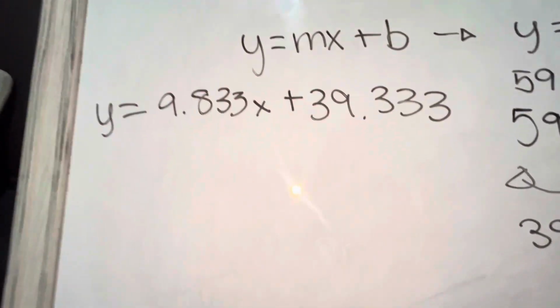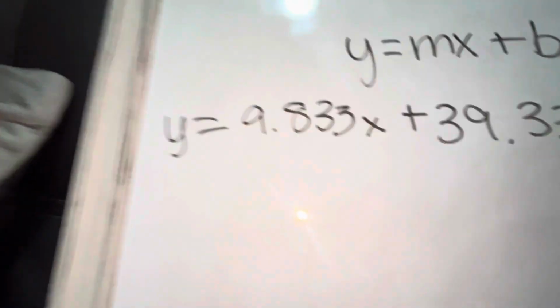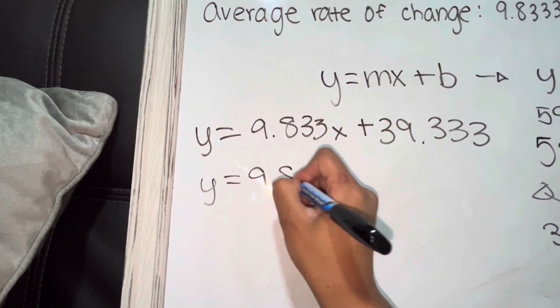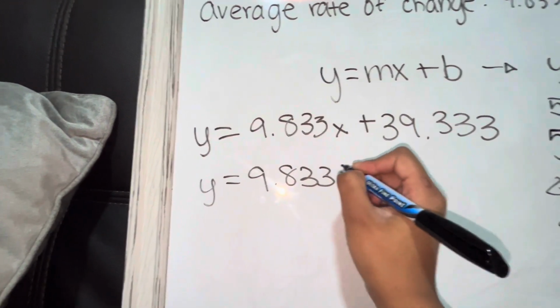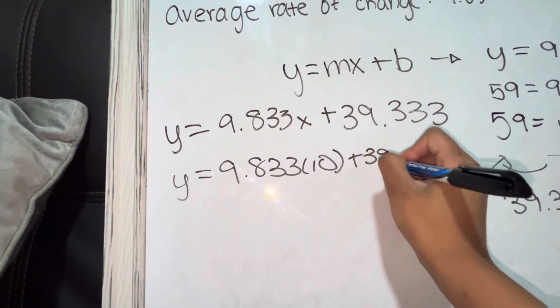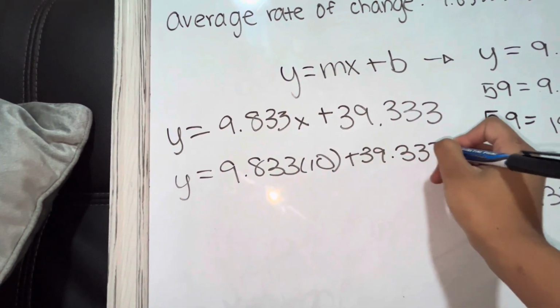So our x is 10. So we put y equals 9.833 times 10 plus 39.333.